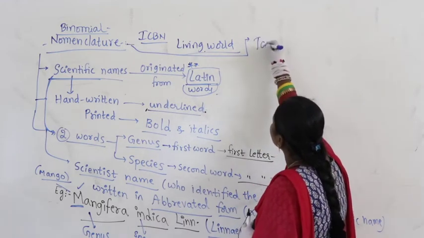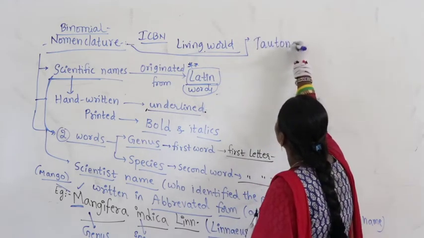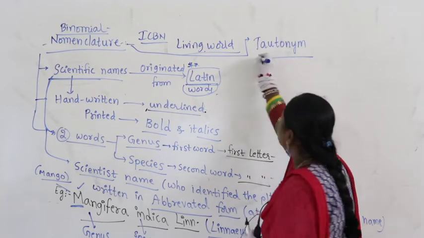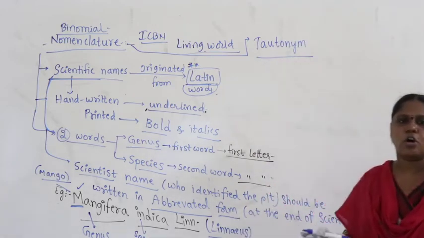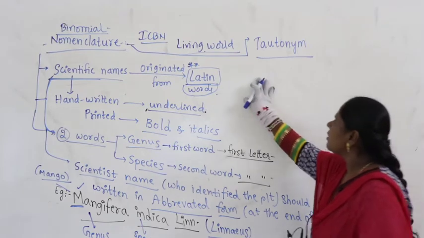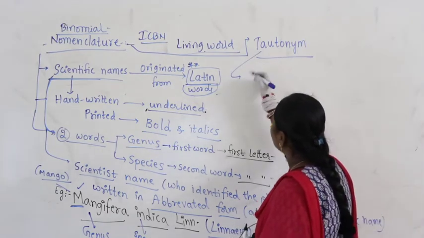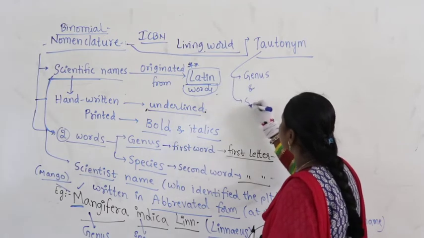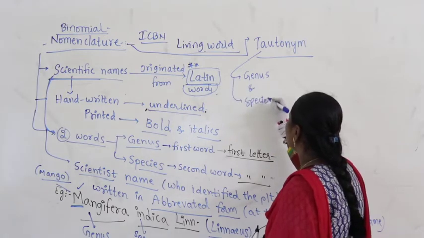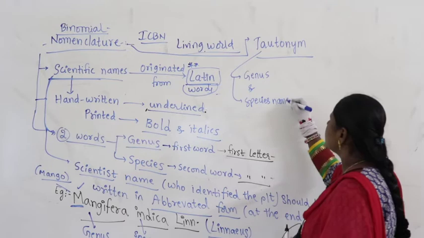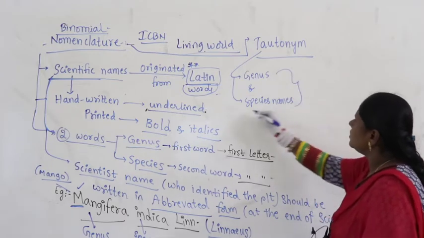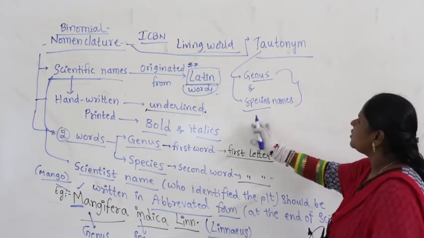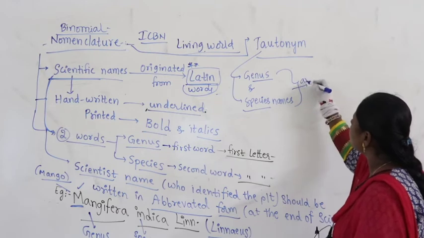So, there is a concept called tautonym. What is meant by tautonym? Tautonym means the genus and the species names are the same. Genus name and species name are similar.